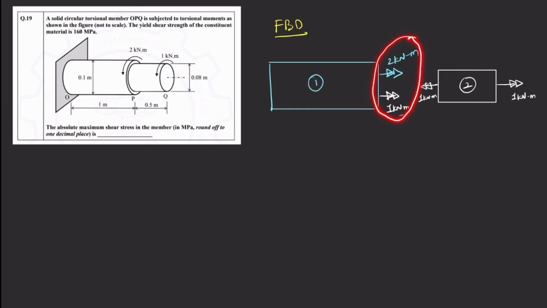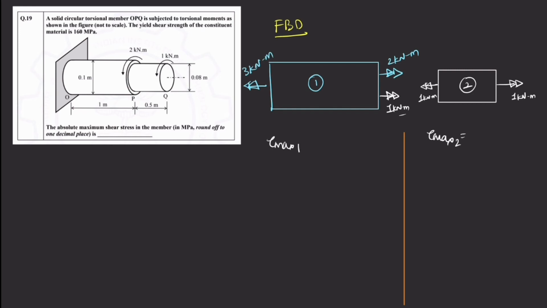So over the shaft 1 our final torque will be 3 kilonewton meter. Now the maximum shear stress can be calculated for both the shafts using the same formula. So it's tau max 1, tau max 2, 16T over pi d cube. Again this is 16T over pi d cube. This is for shaft 1, torque at 1, this is torque at 2, and diameter of the second shaft.